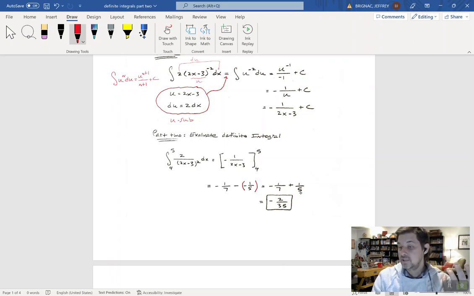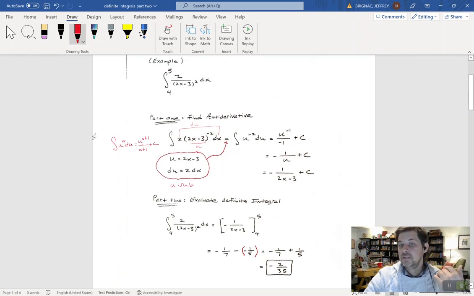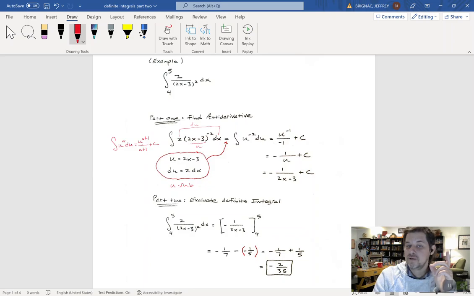I add those together, I combine them, and I get negative 2 over 35. So there's an example where the technique is u substitution with this rule in mind. I forgot to add there's some fine print for this rule. This rule's only good if that power, see that power that we got, is not negative 1.